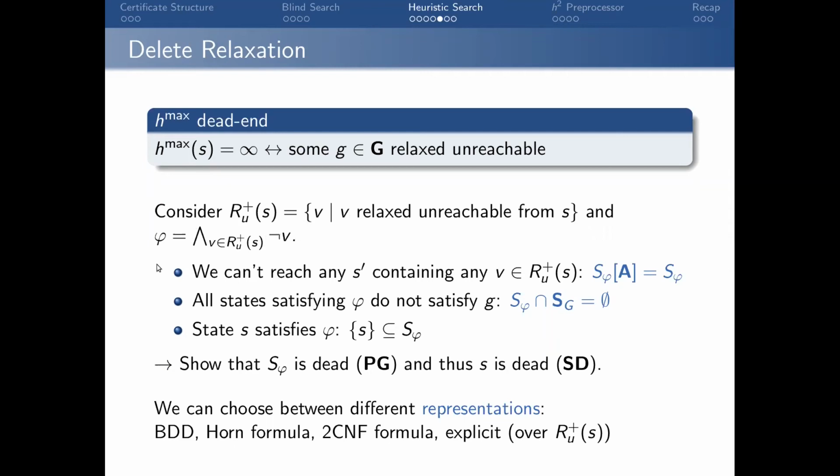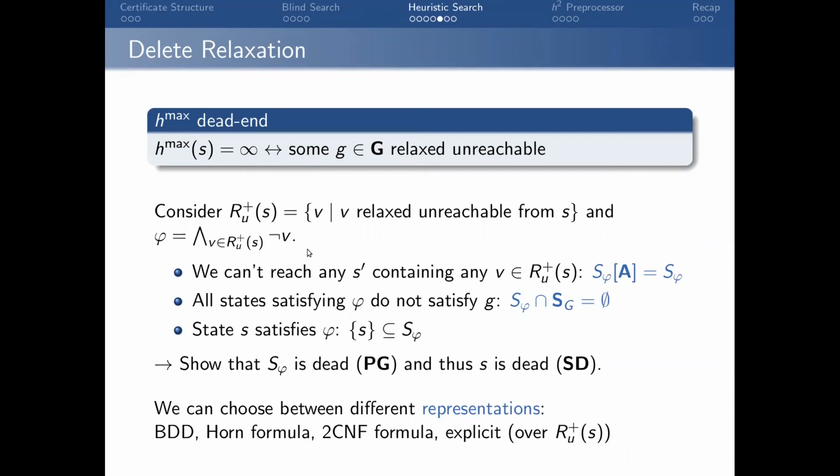And this formula represents the set of states where none of the relaxed unreachable variables is true. If we are in any such state, we cannot get to a state where one of them is true, else they wouldn't be relaxed unreachable. So basically we can say the progression of this set is the set itself.